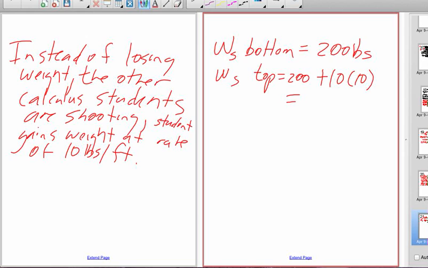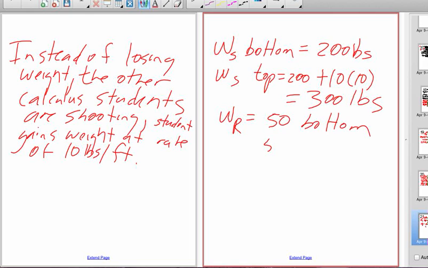So he's going to weigh 300 pounds by the time he gets up to the top. The rope is the same thing. We're not doing anything to the rope. It's going to weigh 50 at the bottom, and it will weigh 50 minus 5 times 10, which is 0.